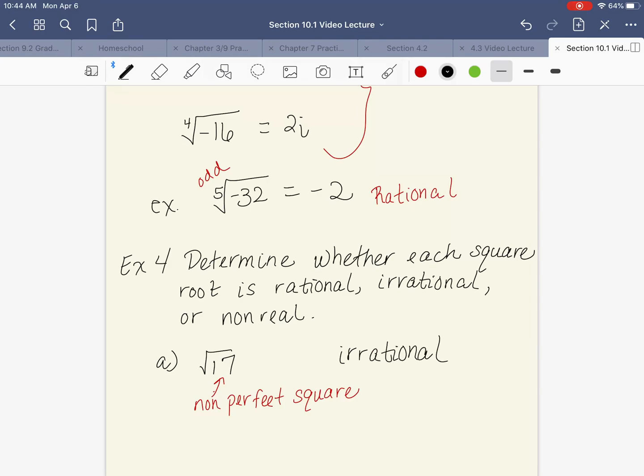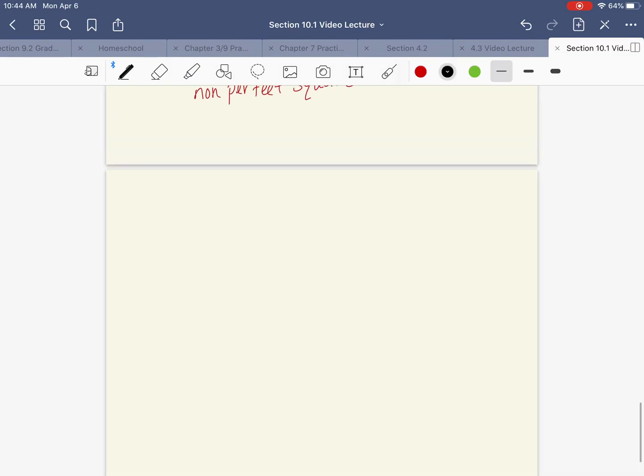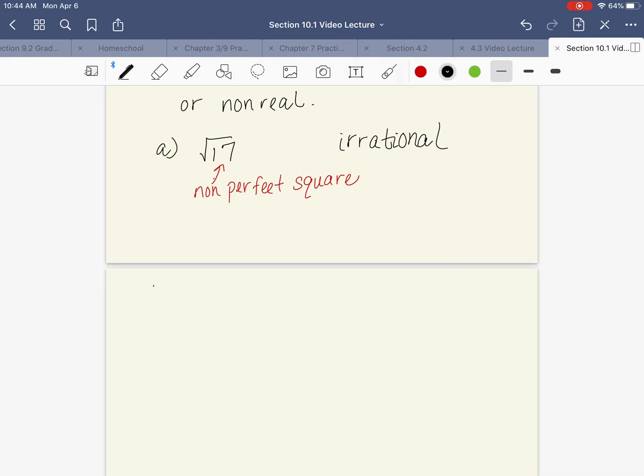You would get a non-terminating, non-repeating decimal. Okay, the square root of 64, we know the square root of 64 is 8. So that would make this one a rational number.